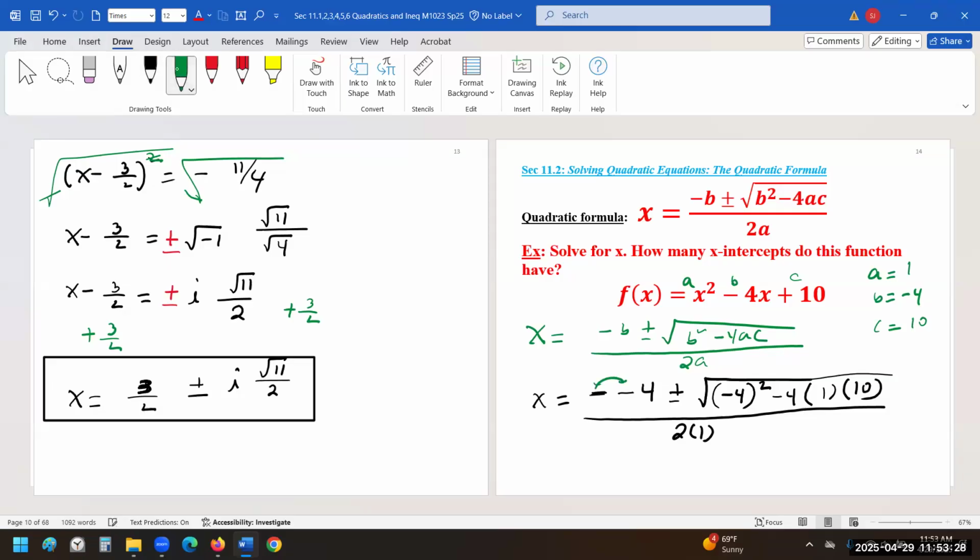The double negative turns into positive. So we get 4 plus minus. What is negative 4 squared? Positive 16. And we have 4 times 1, 4. 4 times 10 is 40. So we have 16 minus 40, divided by 2.